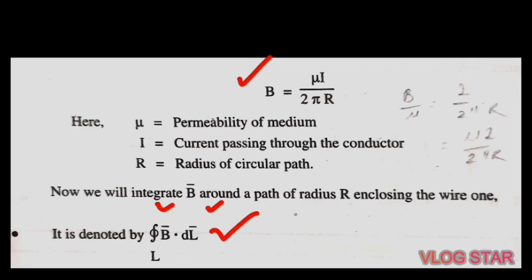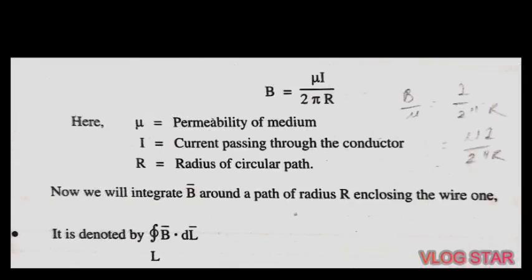The coordinates in the cylindrical coordinate system are dr, then r d phi, and dz.